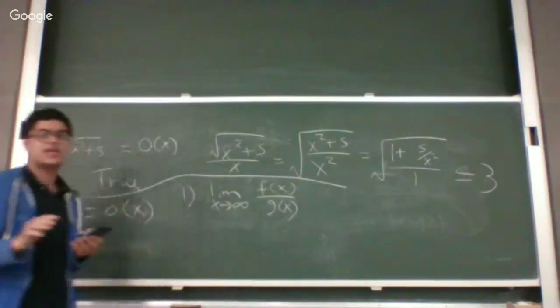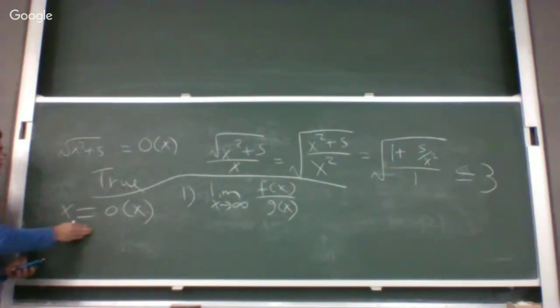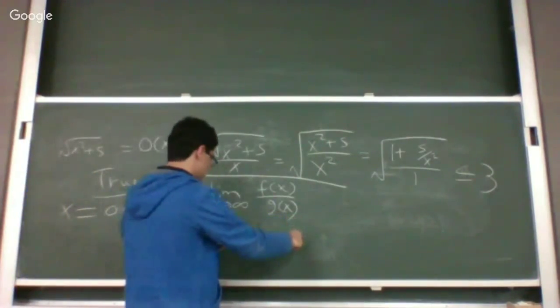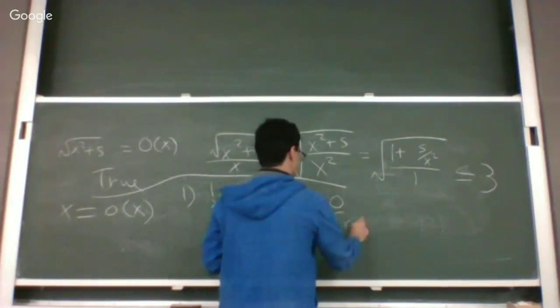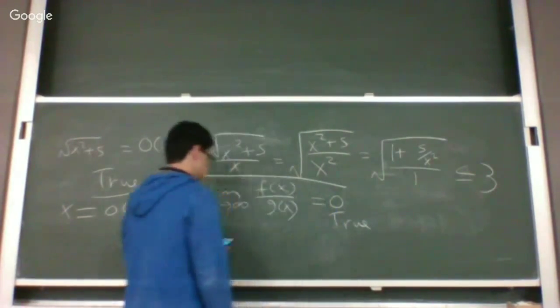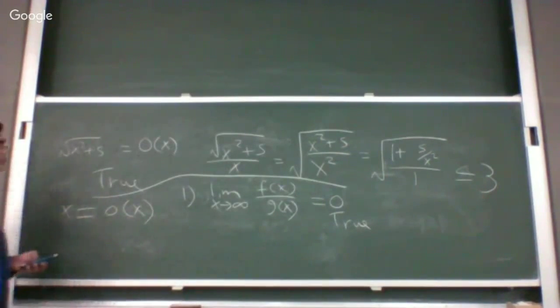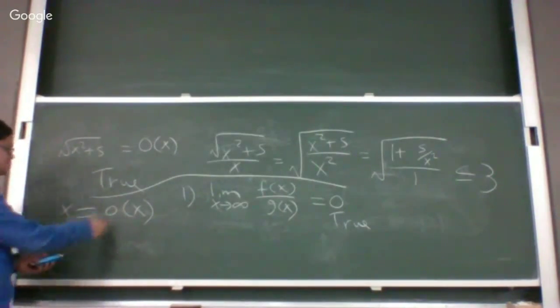I've never had a question, so I don't know how they'll phrase it. But if they ask you whether this is true or false, you do the limit as x approaches infinity, and if you get a 0, then it's true. That's what you do if it's with a little o.